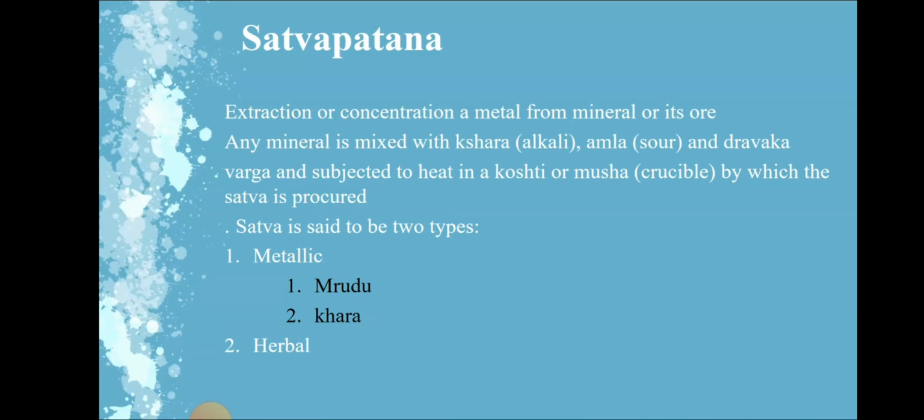Mrudu sattva is the drug which releases the sattva at low temperature, below 1000 degrees Celsius, like tutta. And in ghora sattva, the drug releases its sattva at a very high temperature, about 1300 degrees Celsius. Bhunaga sattva and Mayura Picha sattva are examples of ghora sattva.